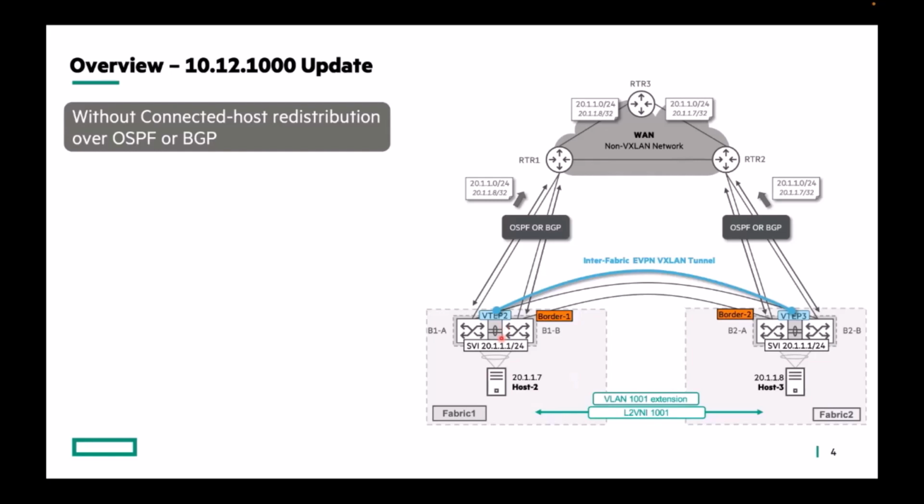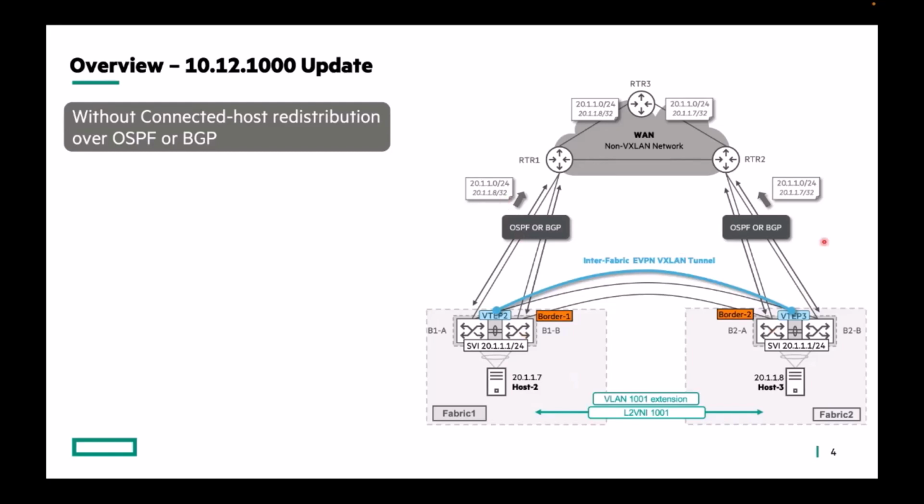Before, the border VTEPs would be sending out the host information as a /24, by redistributing connected. So you have very general host information, that is 20.1.1.0/24, going to their own WAN routers from the border VTEP, which you see here.